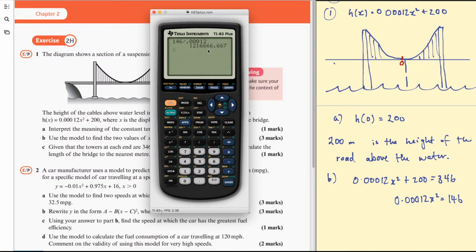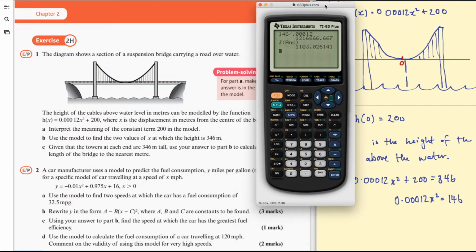I get this number. And I might go ahead and straight away square root that rather than bothering to write that down, because X squared is going to equal that. So I need the square root to get a value for X. So I get 1103. And should I include the negative?